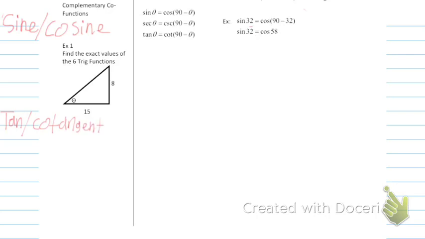And for secant, which is a reciprocal trig form of cosine. Oops, you don't spell it like that. Secant, it'll be cosecant.